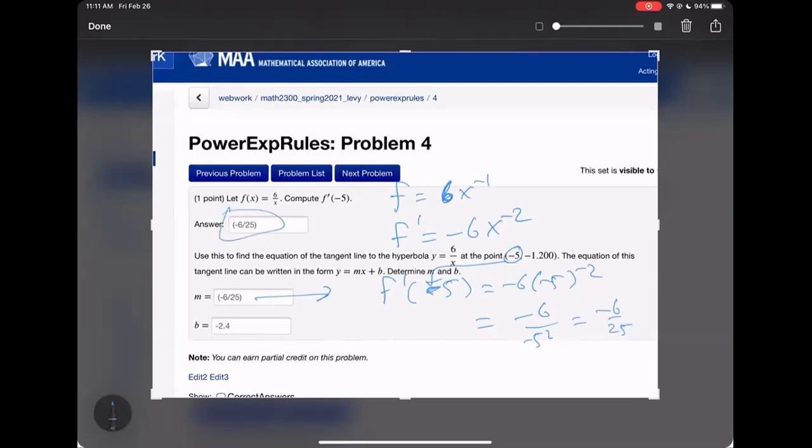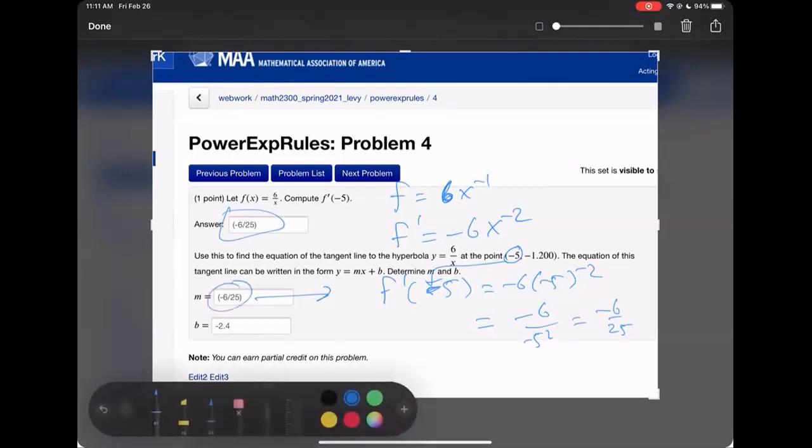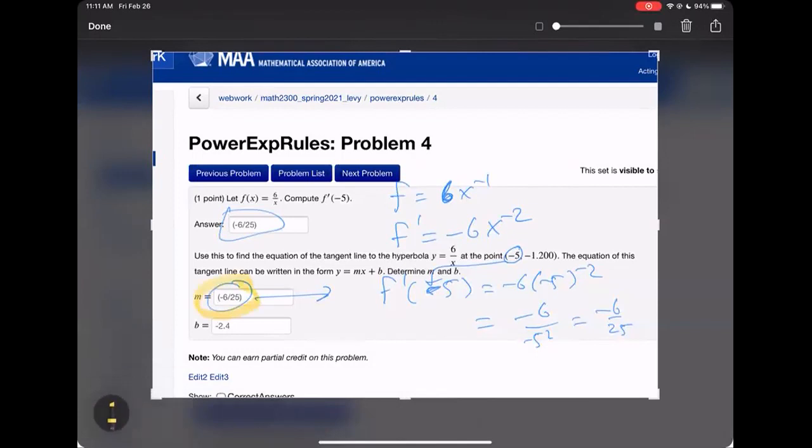So that's how you got that in the first one. Right, and so that goes into both those 2 spots. See that? We got 2 answers. They're the same answer because one's getting you to plug it into the derivative, and the second one's like, oh yeah, by the way, that's the slope of the tangent line.